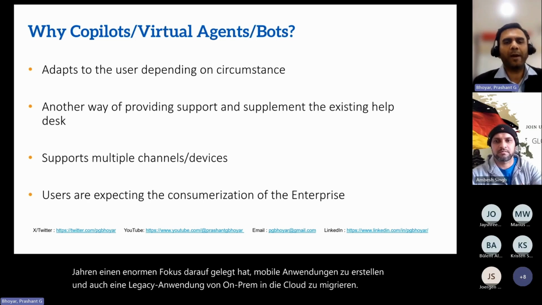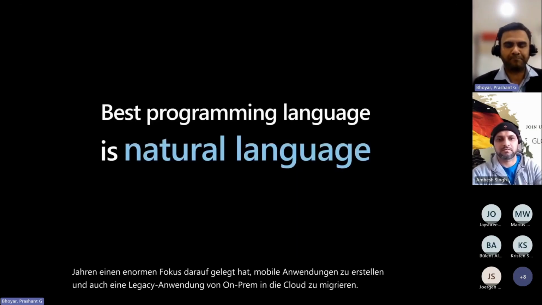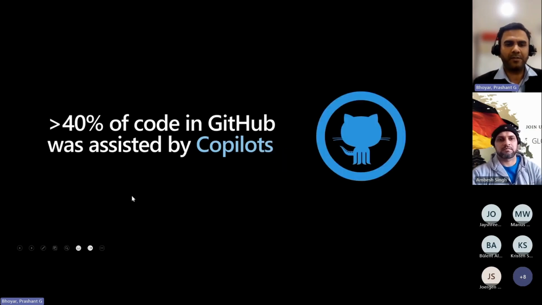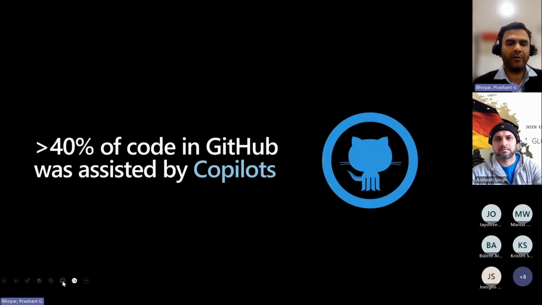And that's where Copilot Studio or other ways of creating copilots come in really handy. Now, the majority of you may already agree with this statement: the best programming language is natural language. And Microsoft started pouring into Copilot starting with GitHub. So they launched GitHub Copilot in 2021.